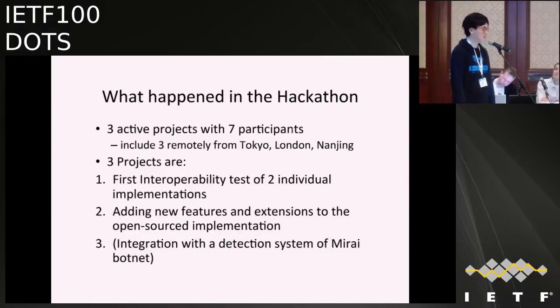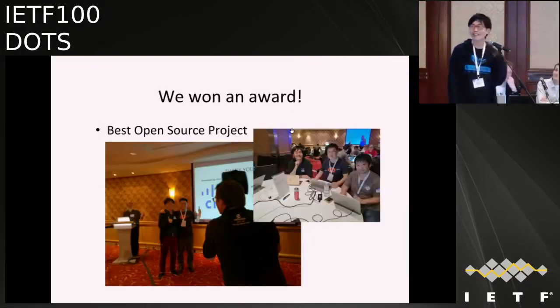Also, 5 people added new features and extensions to the open source implementation, and one person tried to integrate it with a detection system for the Mirai botnet. Then we won an award for best open source project. Thank you.